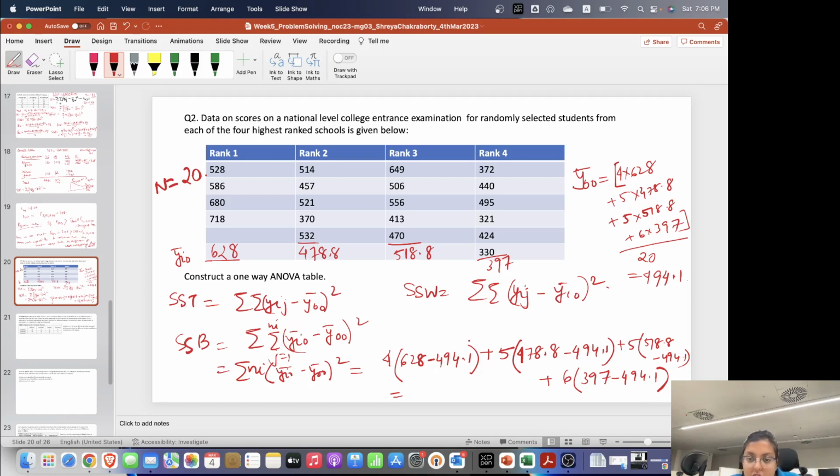Sorry, here we have to use squares, because it is summation ni times yi naught bar minus y naught naught bar whole square. I forgot to put the squares. Thank you for pointing this out. Now calculate.